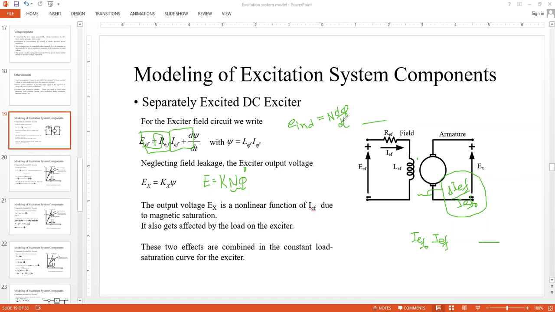So now N phi, can we write it like this? Because N is a constant. Yes. N phi is nothing but the flux linkage. So you see the flux linkage is psi, which is N phi, and psi is also Li. So we can also write L di over dt, isn't it?